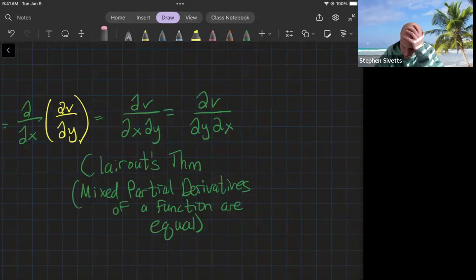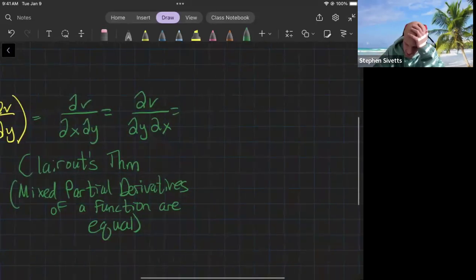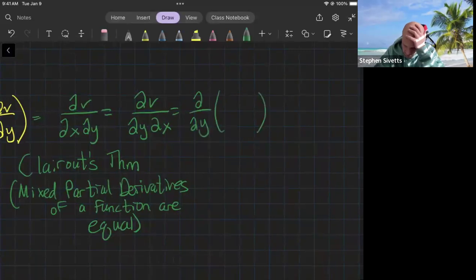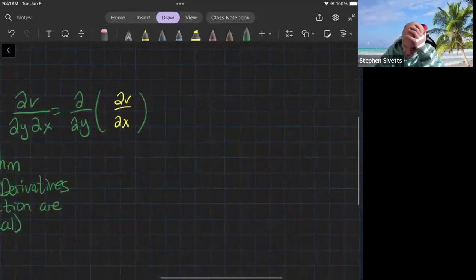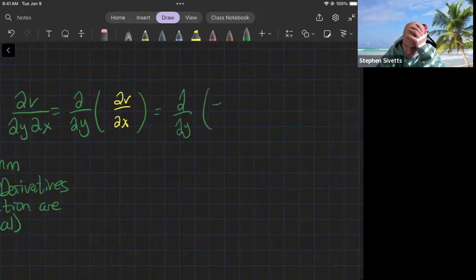And we can also rewrite this as the partial with respect to y of the partial of v with respect to x. And also by the Cauchy-Riemann equations, this equals the partial with respect to y of minus the partial of u with respect to y.